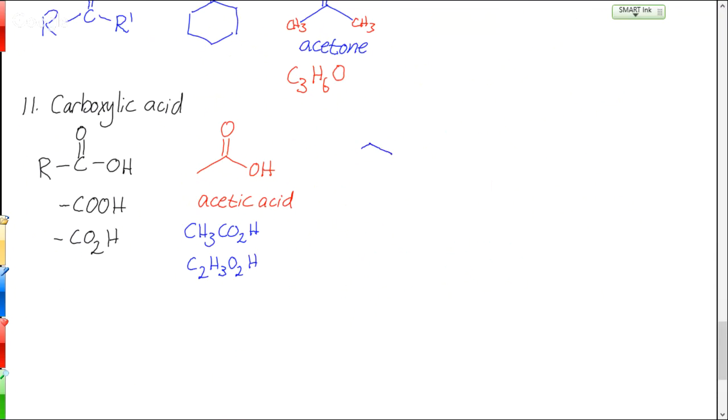You can have it connected to benzene. That's called benzoic acid. I think that's used in some like face cleaning products, that kind of stuff.